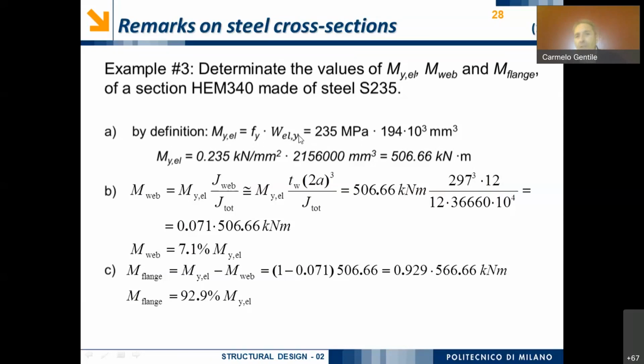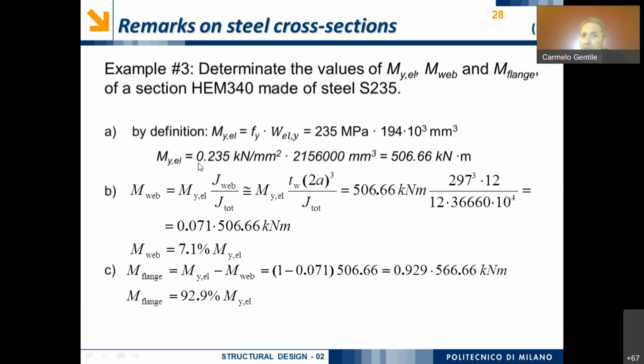What I have to do is recover the value of WEL and make this product. To avoid a number with a large number of zeros, it's better to pass from megapascal to kilonewton per square millimeter, because WEL is expressed in cubic millimeters, okay?